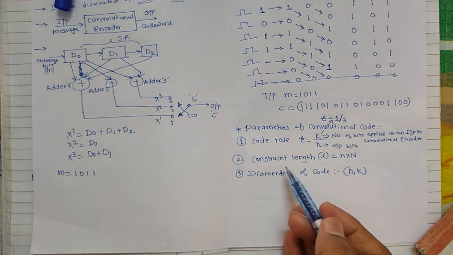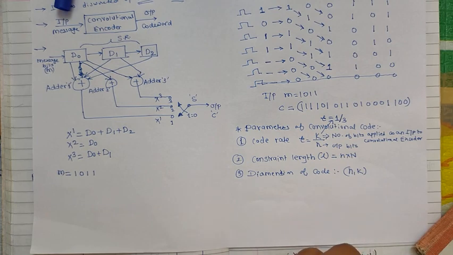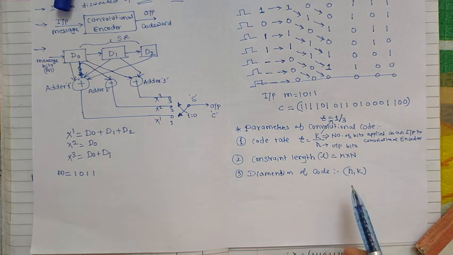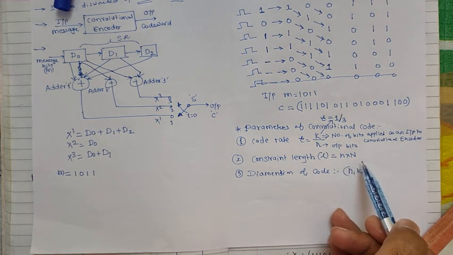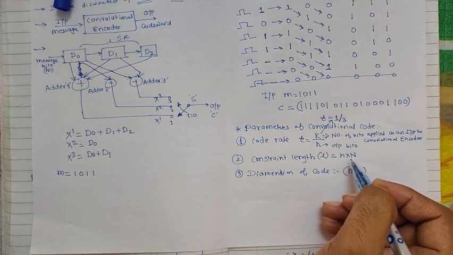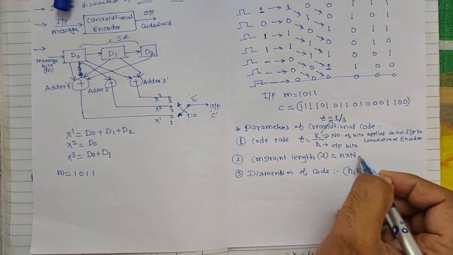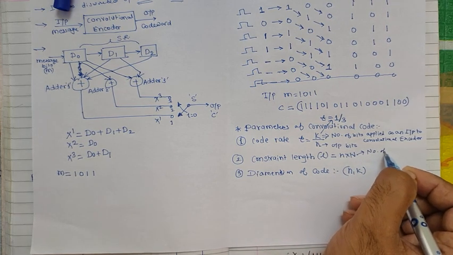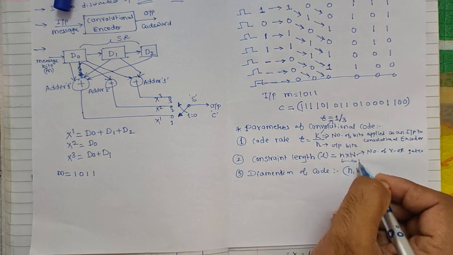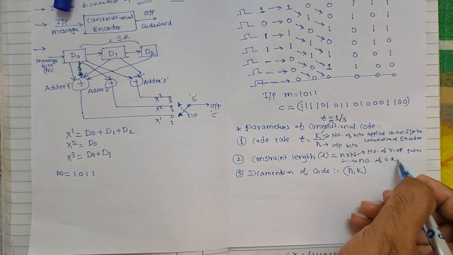Now the next parameter is constraint length. Constraint length is defined as the number of bits which will have an impact on how many number of bits in the output. In another word, it can be defined as the product of small n and capital N, where small n means number of shift registers and capital N means number of XOR gates.